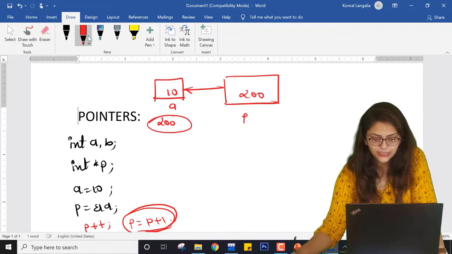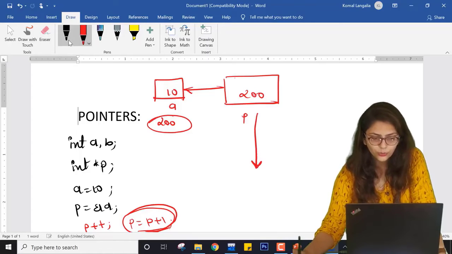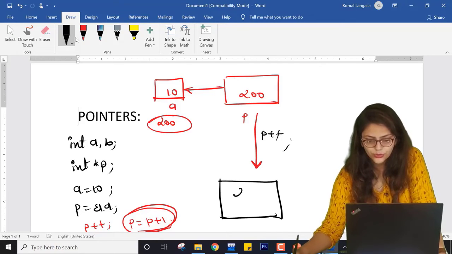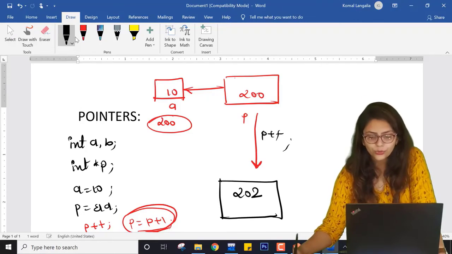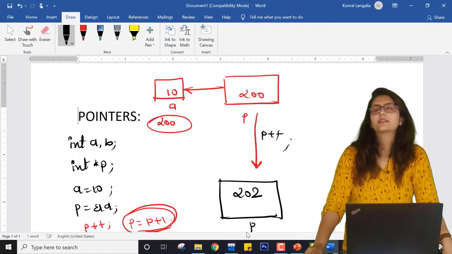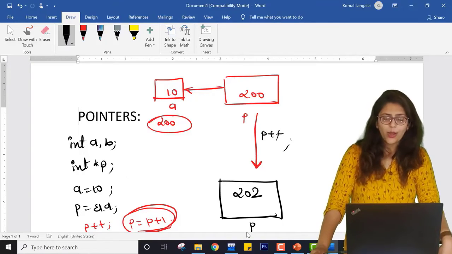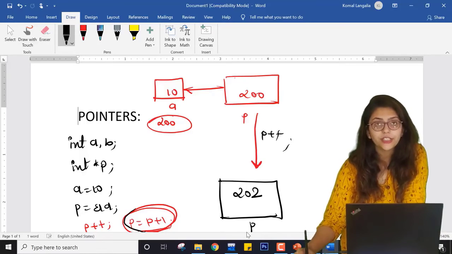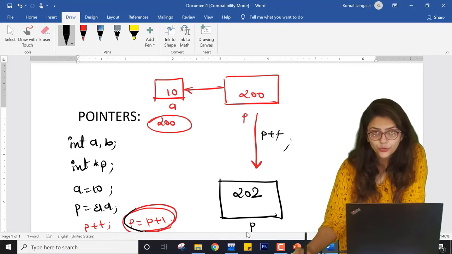So let me explain it. If you are doing p plus plus, it will be exactly 202. Why 202? Just pause the video and try to think over this. Why 202? Because p is not an ordinary integer value. P is an address.